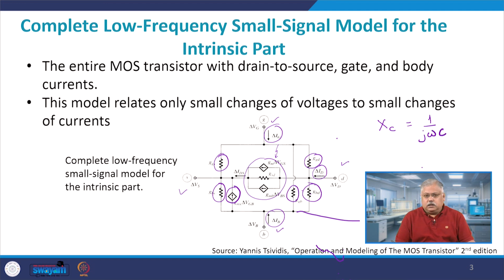When omega is very low, Xc is very large, implying that the capacitor starts to behave like an open circuit, and therefore you do not see any capacitance in this network.